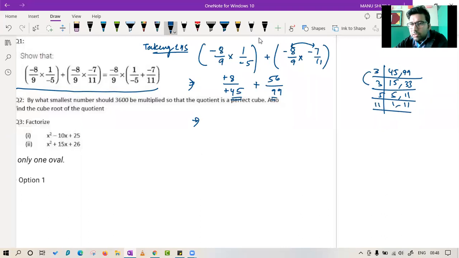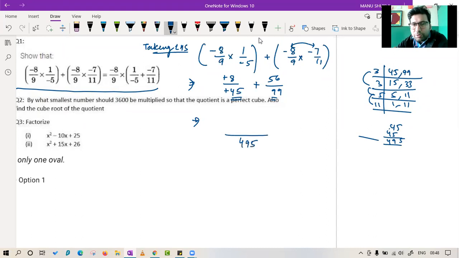The answer is 9 fives are 45 into 11. So 45 into 11 is 495 is the LCM. Yes, Hitesh, very good. So the LCM is 495.